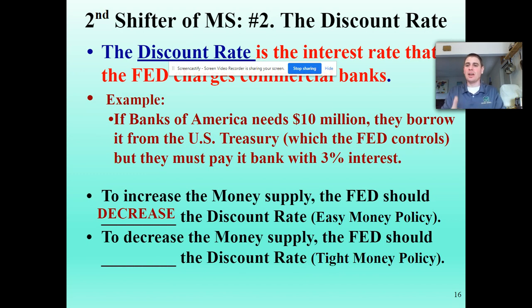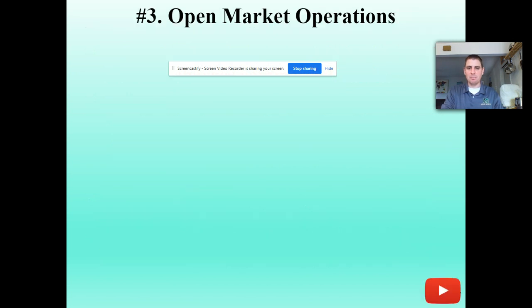To get the money supply to shift to the left, the Fed should increase the discount rate to make a very strong penalty for falling below your reserve requirement, discouraging banks to want to loan out their money, causing the money supply to shift to the left, which causes interest rates to increase, which causes investment to decrease, which causes aggregate demand to shift to the left. Okay, remember that manipulating the discount rate is easy and tight money policy.